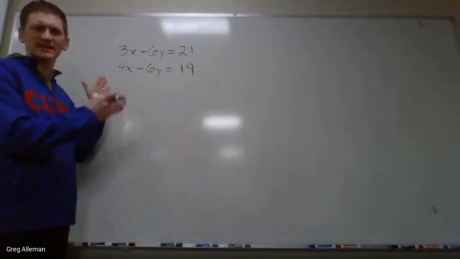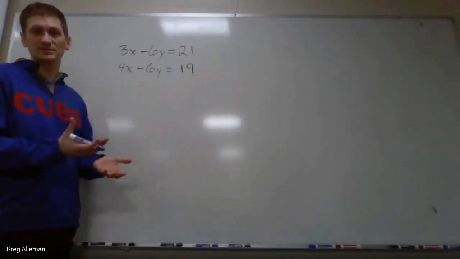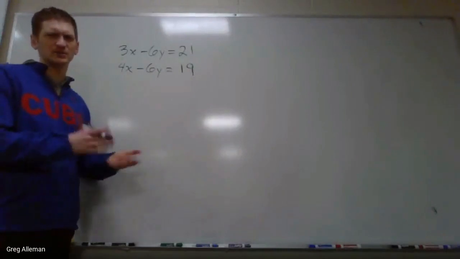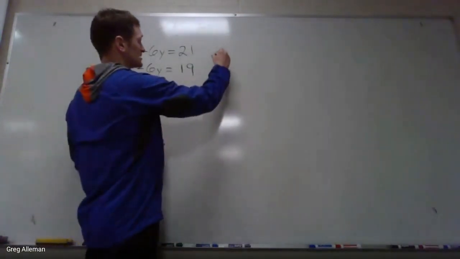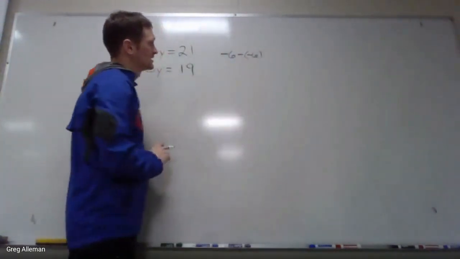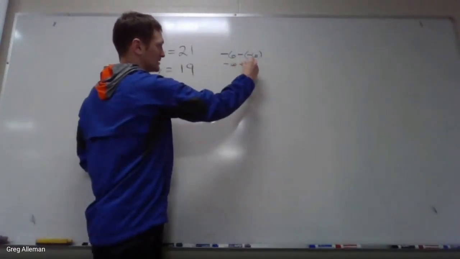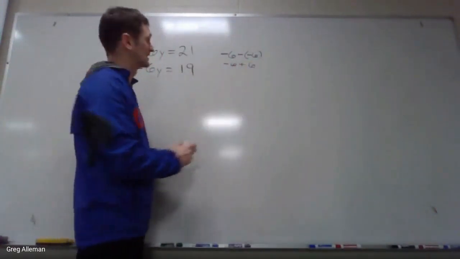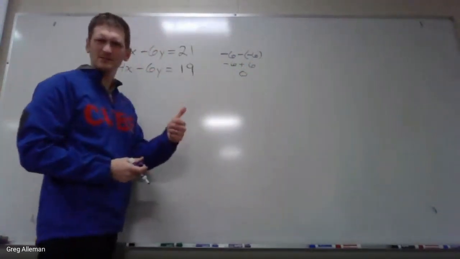Well, the answer is whenever it's the exact same number, the way you cancel them is with subtraction. You can double check that on a calculator, or off to the side here, -6 minus -6. Well, you could rewrite the minus negative into adding, and maybe you can see now that that's 0. Does that make sense?